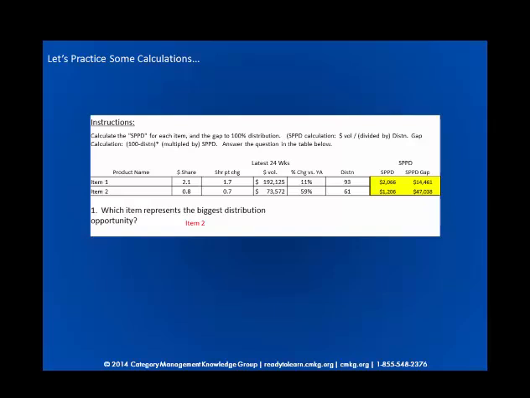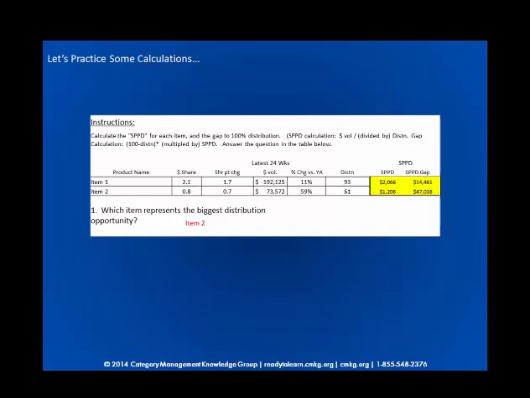And again, this is a dollar sales per store type of number, so multiply that out to get a total impact to your brand or your category. This could be far more significant. So by adding in the SPPD perspective, we can see both how productive each item is based on where it's already in distribution, versus the highest ranking items typically having very high distribution.